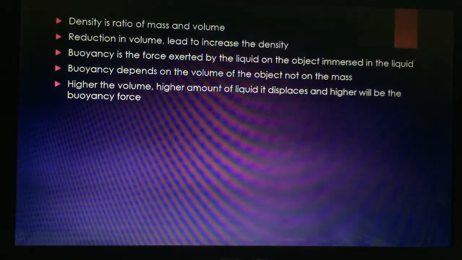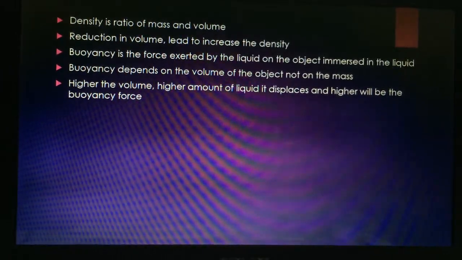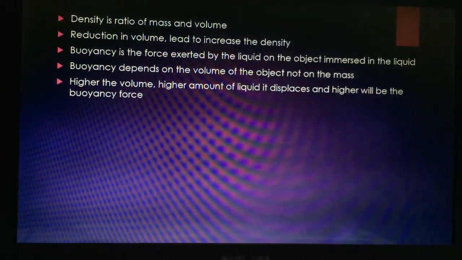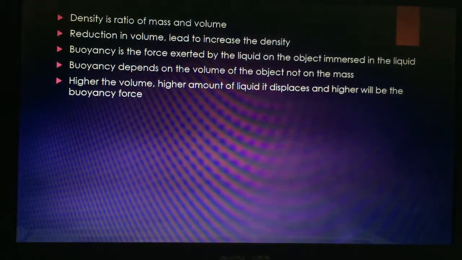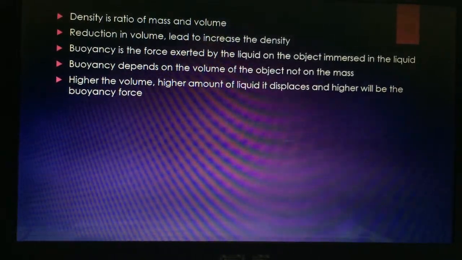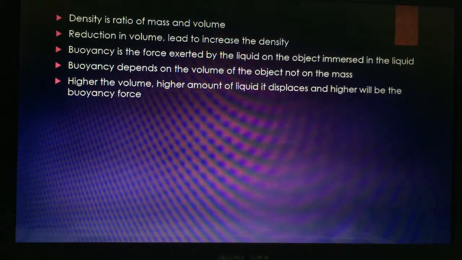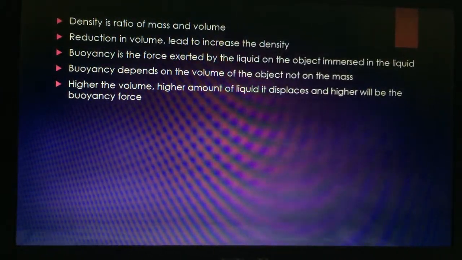Buoyancy is the force exerted by the liquid on the object immersed in the liquid, and buoyancy depends on the volume of the object, not on the mass. The higher the volume, the higher the amount of liquid it displaces, and the higher the buoyancy force. I'm sure you already know, because my friend just explained it in the introduction.